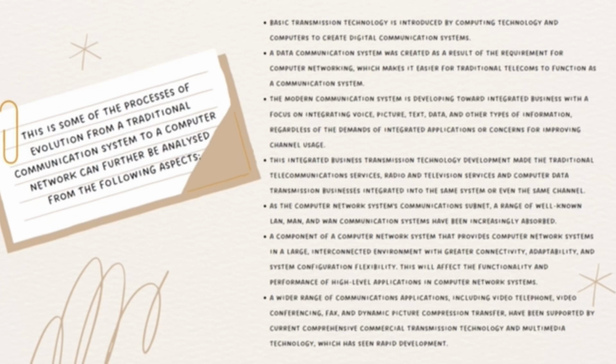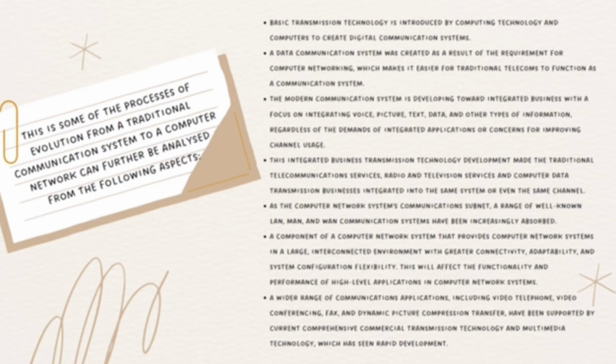Data transmission itself is the function of the data communication system, and it is often an integral part of the computer network. Next, as the computer network system's communication subnet, a range of well-known LAN, MAN and WAN communication systems have been increasingly absorbed. However, a number of innovative communication systems and technologies are also being developed.